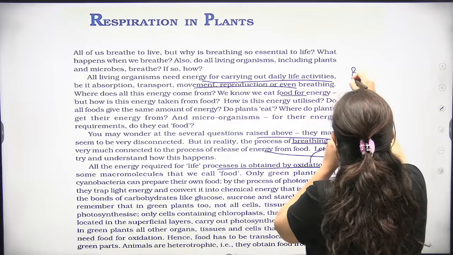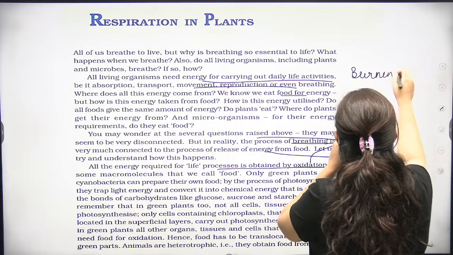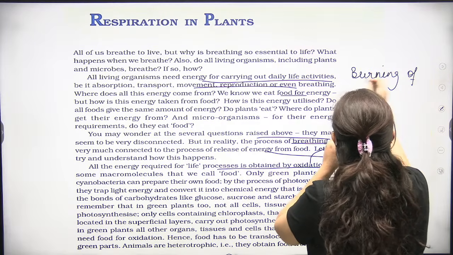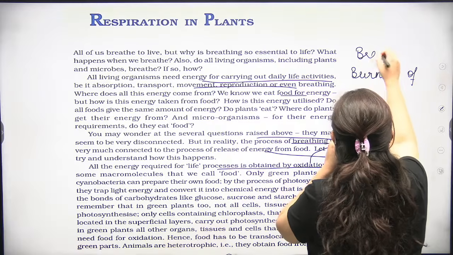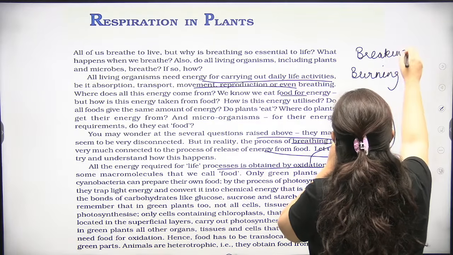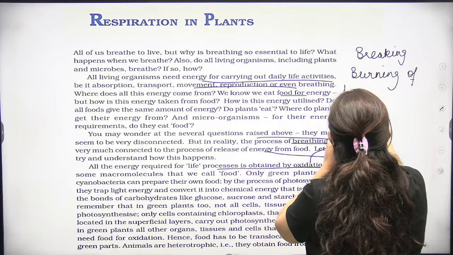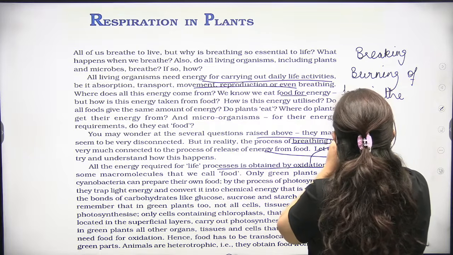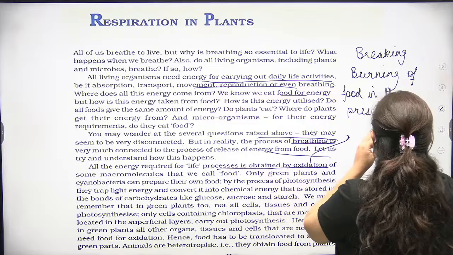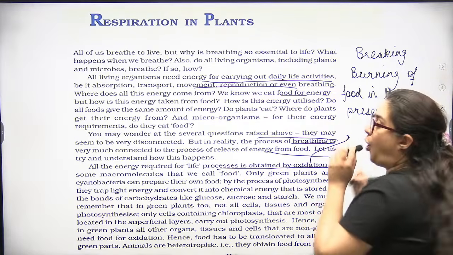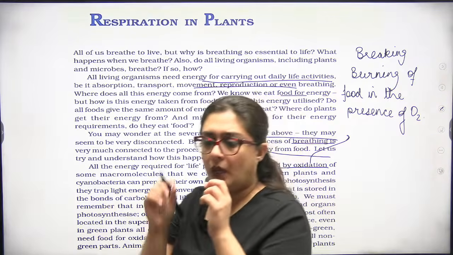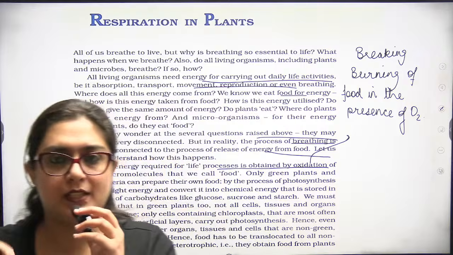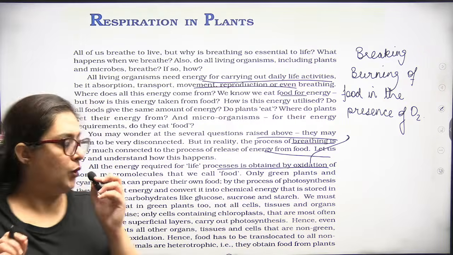Oxidation means burning or breaking of food in the presence of oxygen.